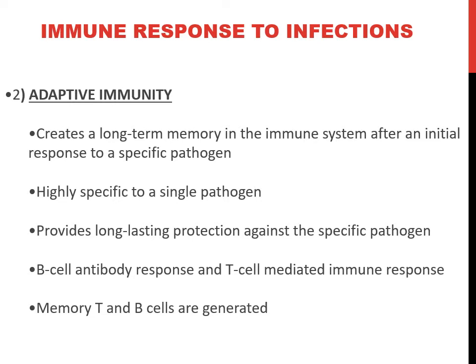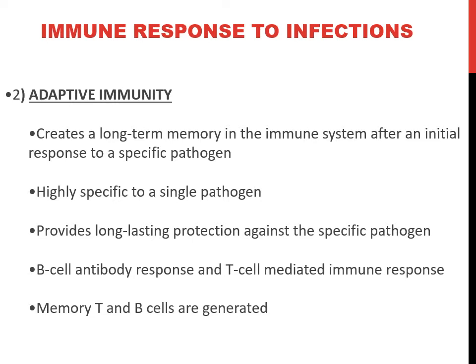And this is where B cells and T cells come in. So B cells and T cells are a type of white blood cells called lymphocytes. Remember I mentioned that there's 5 types of white blood cells. We'll get to that in another module. But one of the 5 types are called lymphocytes.